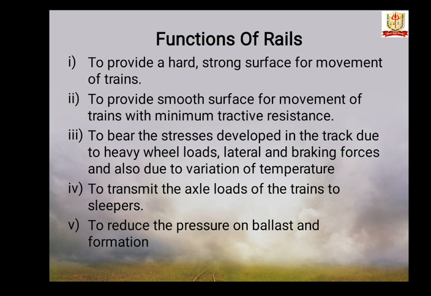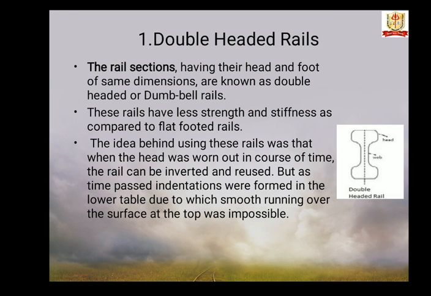Now I start types of rail. So the first type is double-headed rail. The rail section having head and foot of the same dimension is known as a double-headed or dumbbell rail. It is also called DH rail. These rails have less strength and stiffness as compared to flat-footed rails.